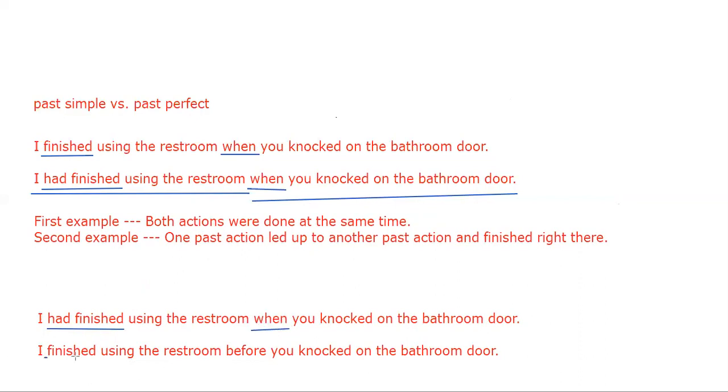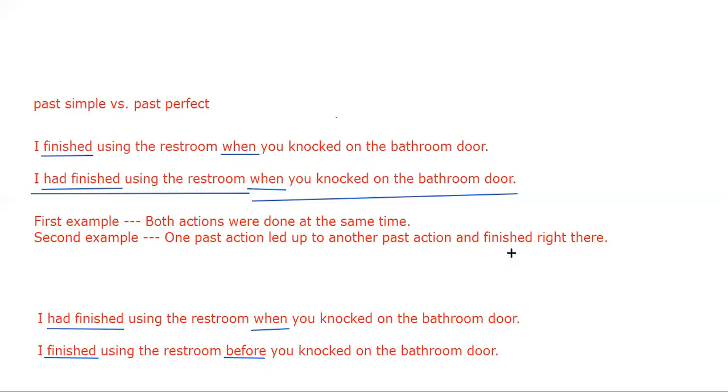And I finished using the restroom before you knocked on the bathroom door. So according to that unhelpful rule of thumb, you use the past perfect when you want to express how one action took place before another action in the past, right? Except here you have two scenarios where both of those work, where the past simple or the past perfect could work.